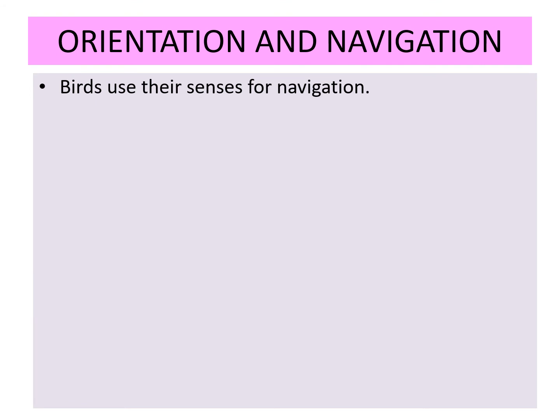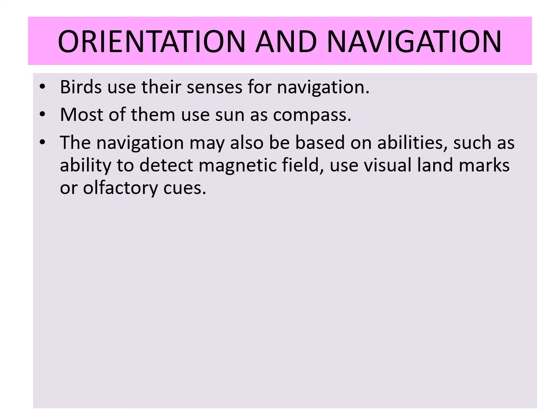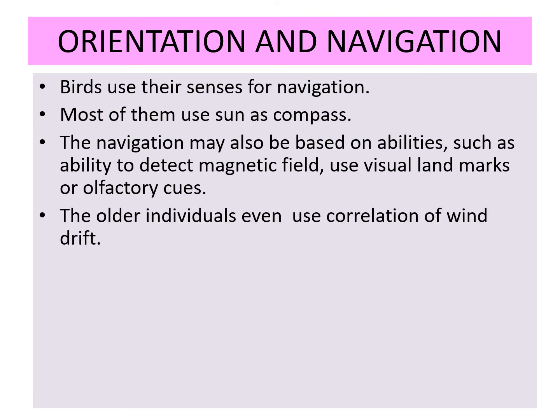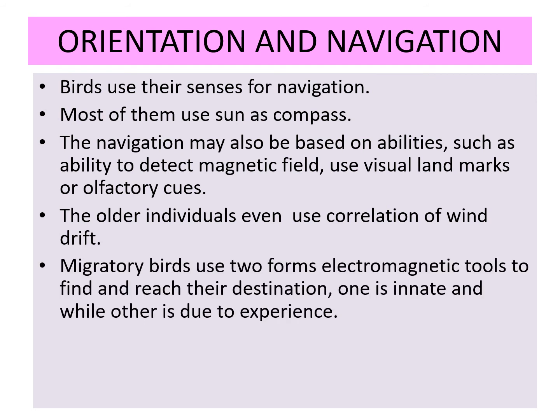The orientation and the navigation. The birds use their senses for navigation. Most of them use, as I've told you, the sun as a compass. The navigation may also be based on abilities such as the ability to detect the magnetic field, use visual landmarks or olfactory cues. The older individuals even use correlation of wind drift.